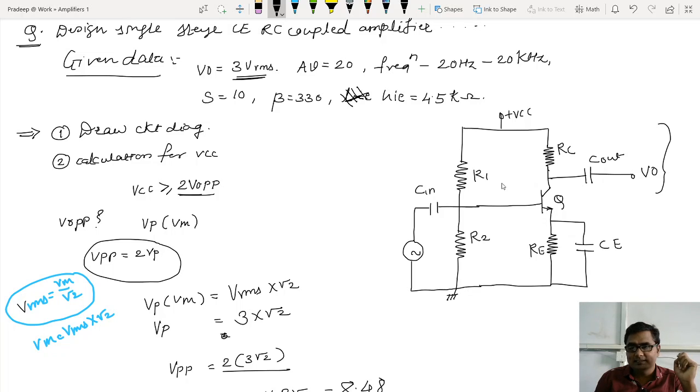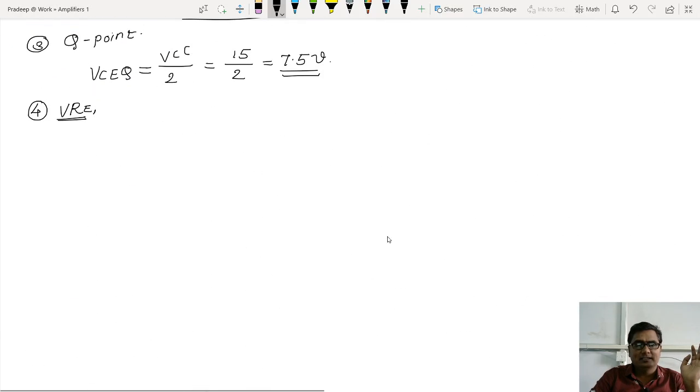This part is done, VCQ I have calculated, and now I'm interested in the voltage across RE. This is VRE, this is VCQ. For this I need some part of VCC. Basically, focusing on the output part, VCC is needed, VCQ is needed, VRE is needed. So that's what I started, and now it's time for VRE.